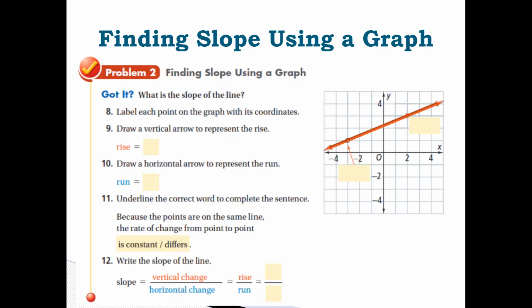Now I can find the slope as 2 over 5. Rise of 2, run of 5. I went up, so that's positive. I went to the right, that's positive. So my slope is positive, and it's 2 over 5. My rise and run is 2 over 5.